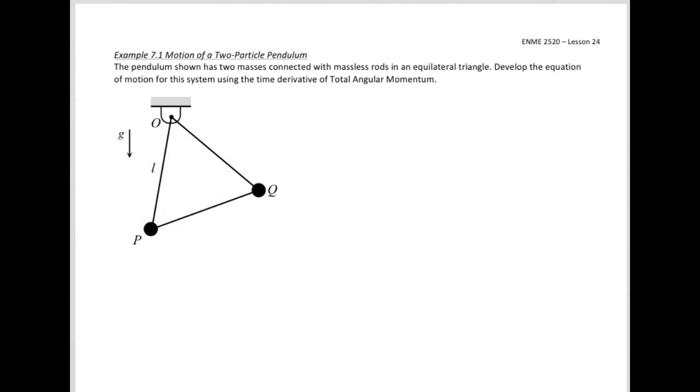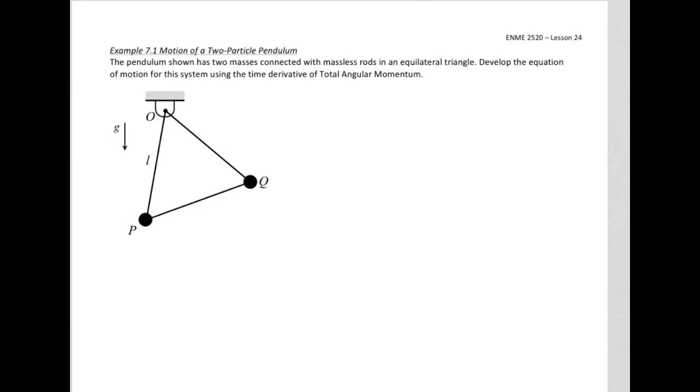So in fact, we have the tools from last chapter to be able to solve this, but it is pretty cumbersome when we have to go through all those constraint forces. So let's solve for the equation of motion of this pendulum that has these two masses. This is an equilateral triangle, so all the legs are length L, and then we have gravity, of course, which will allow this to move.